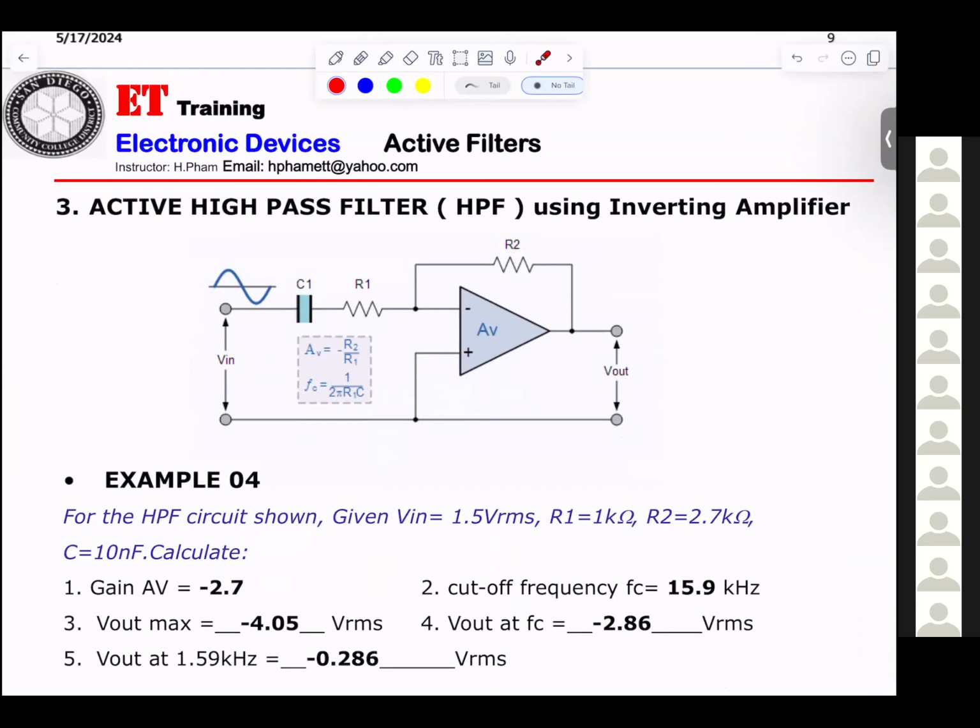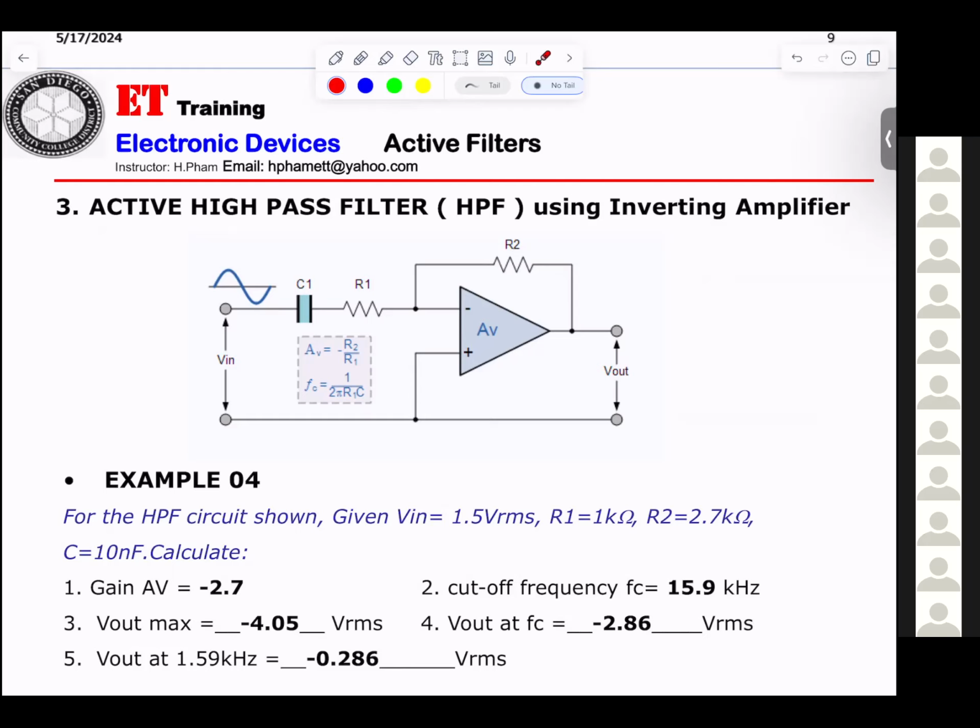You're looking at this circuitry. We want to know what the gain of the amplifier is. The thing is, if you don't know the gain of the amplifier, you cannot do any calculation. What is the gain of the amplifier? What is the name also?